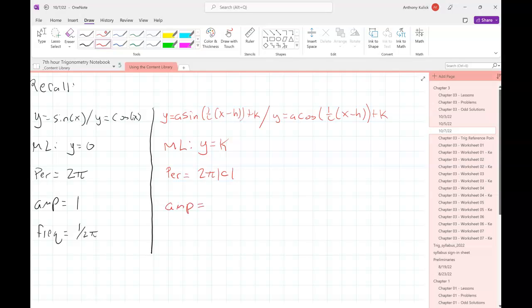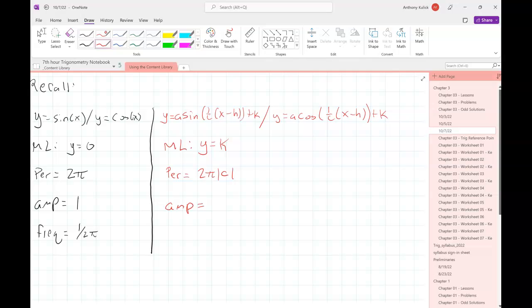Remember, the amplitude was a distance from an extrema, a max or a min, back to the midline. What type of transformation will affect that? So that's a vertical distance, right? From an extrema back to the midline. So a vertical stretch or shrink would affect that.